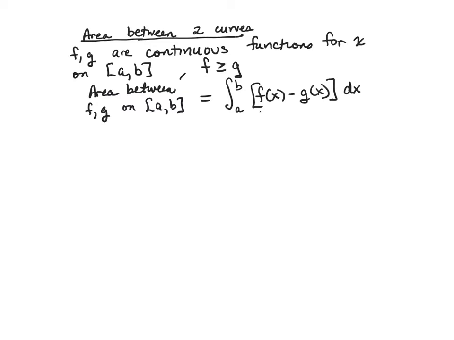And remember, this represents the height of the kth rectangle in our Riemann sum. And when we have that definite integral, we're taking the limit of this Riemann sum as the number of rectangles increases without bound.